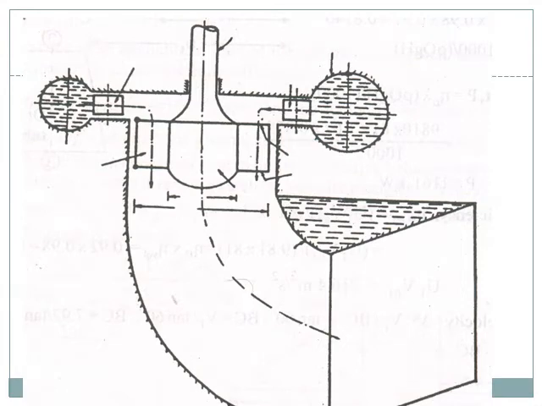This sketch shows the construction of the Kaplan turbine. There is a scroll casing similar to the Francis turbine as well as guide vanes or guide blades here. From the scroll casing, the water enters into the rotor through these guide vanes.